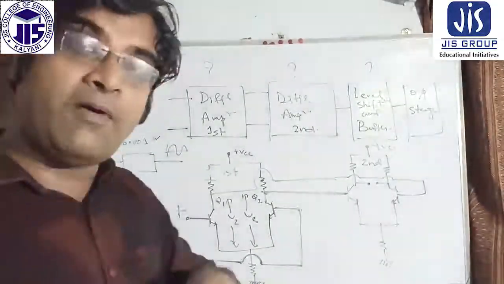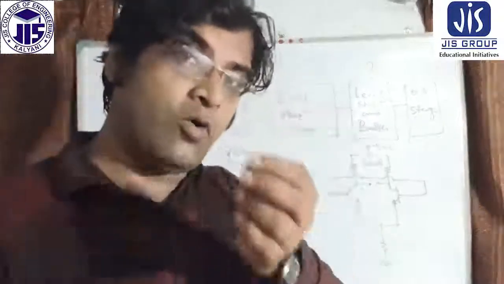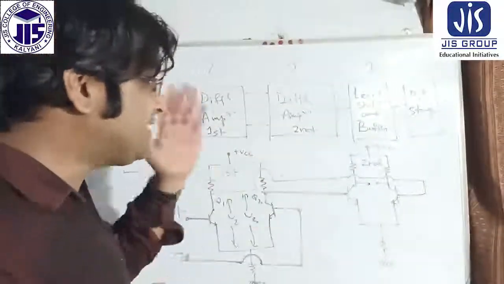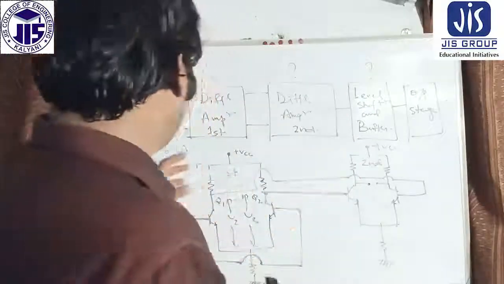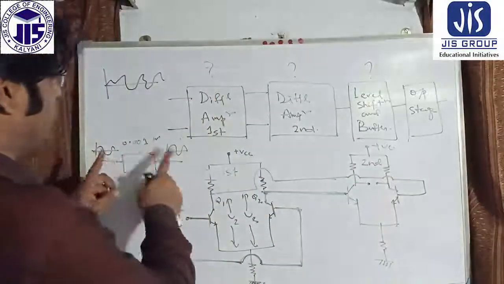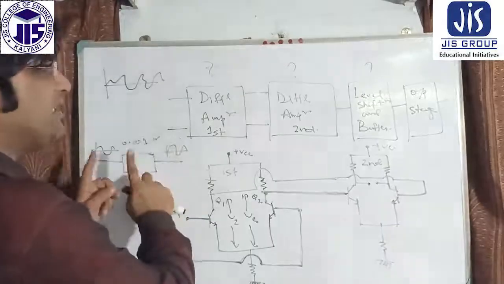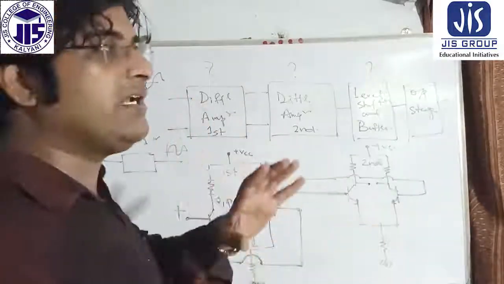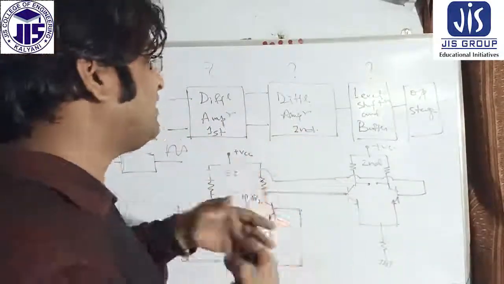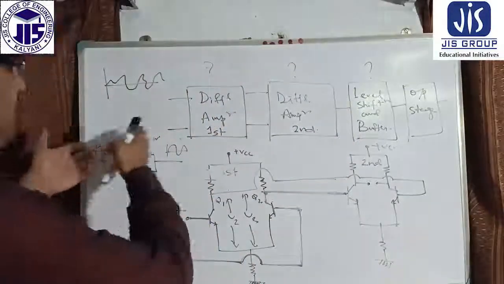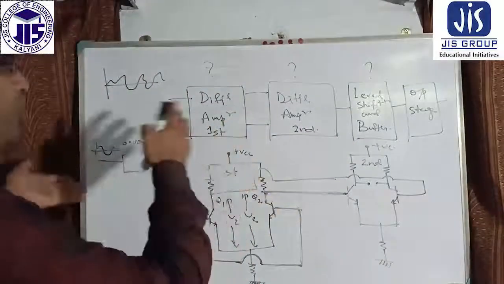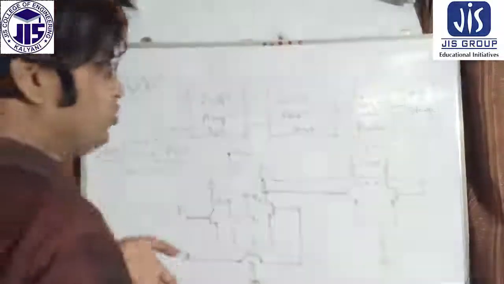So this is the buffering for a very small amount of time. Also it is matching between the input and output side. When we understand the ideal characteristics, we can easily understand the actual work of the buffer.